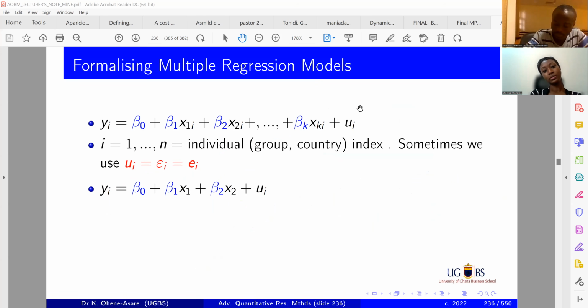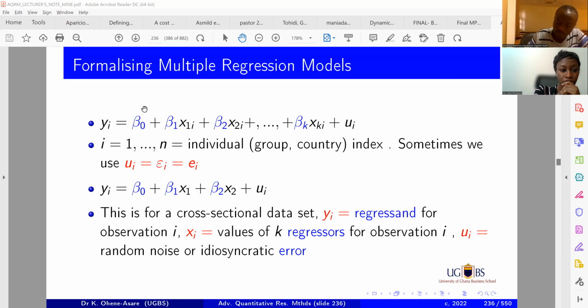So here's the thing. When you tell me that the independent factors are affecting the dependent variable, you are not able to tell me all the independent variables in the world that can affect the dependent variable. You are not able to tell me all the independent regressors that are able to explain or influence the dependent variable.